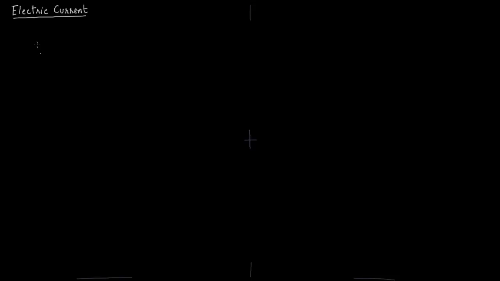We now start the chapter on electric current. So say you have a conducting wire, could be a copper wire, with both ends connected. Hence, all points in the wire have the same electric potential.